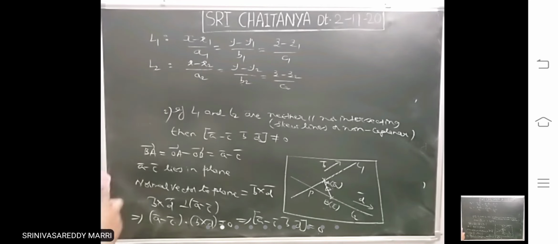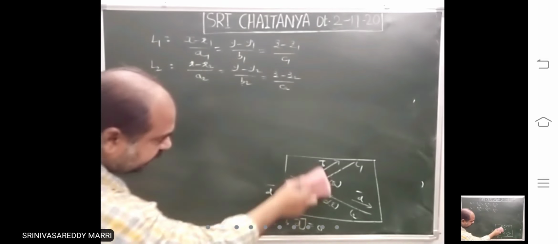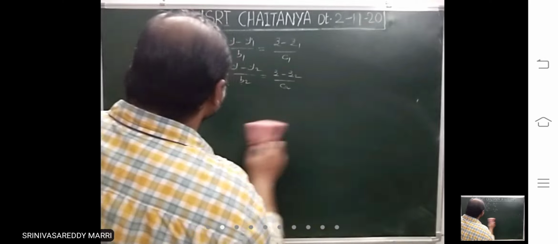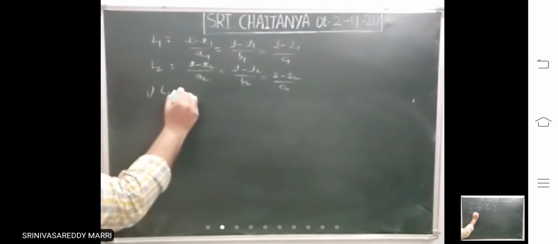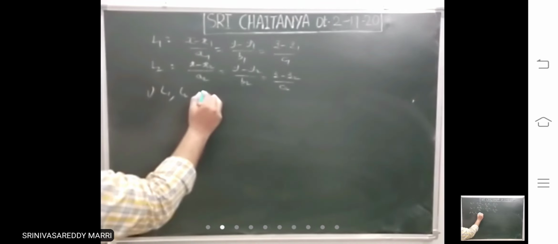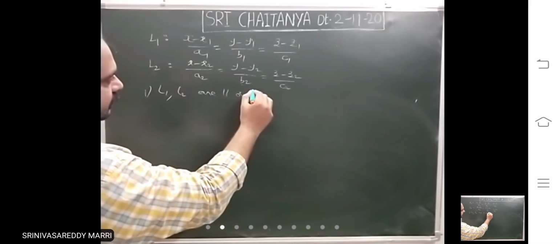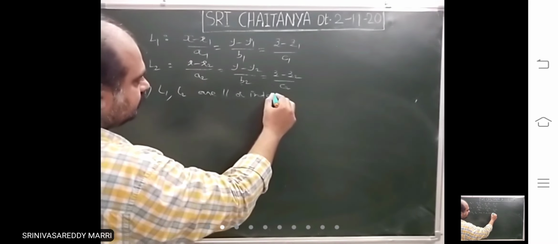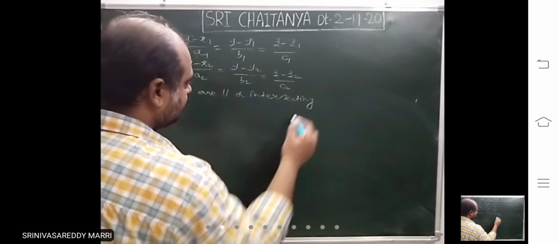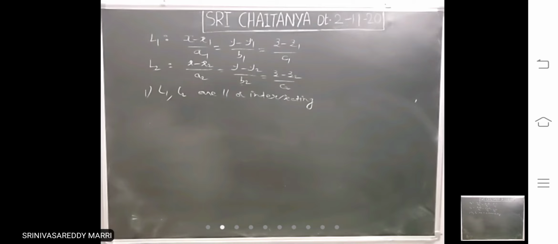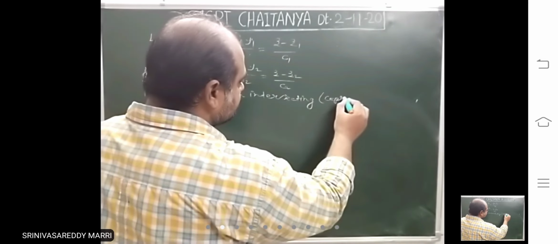Look at the same conditions in Cartesian form, how the formula is, very important. L1, L2 are parallel or intersecting. Parallel or intersecting means coplanar.